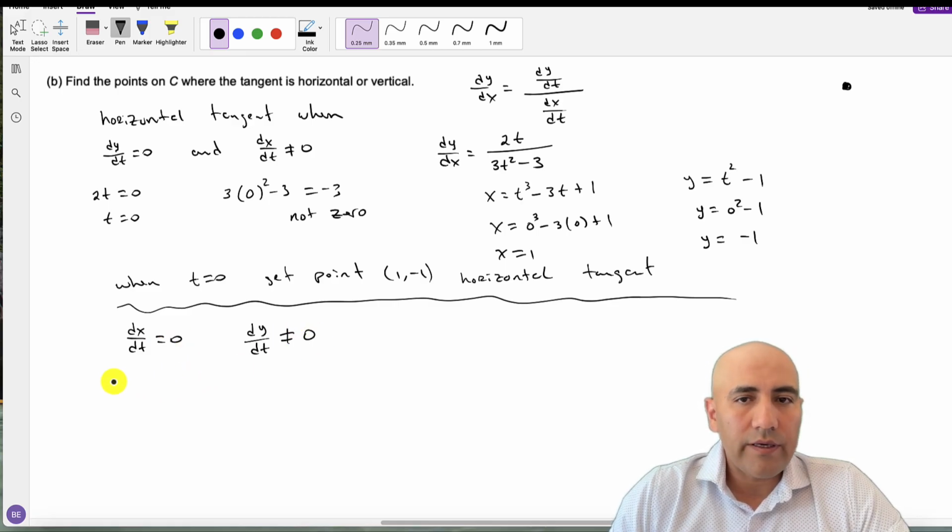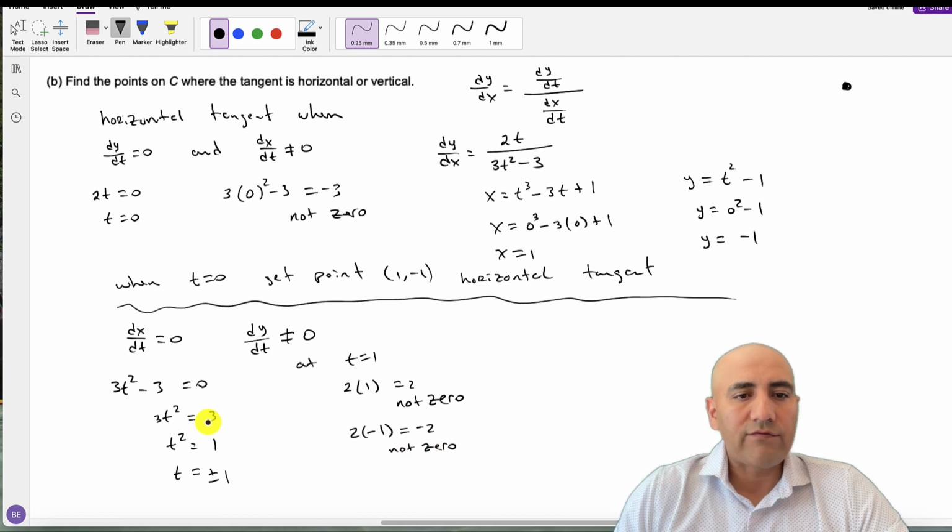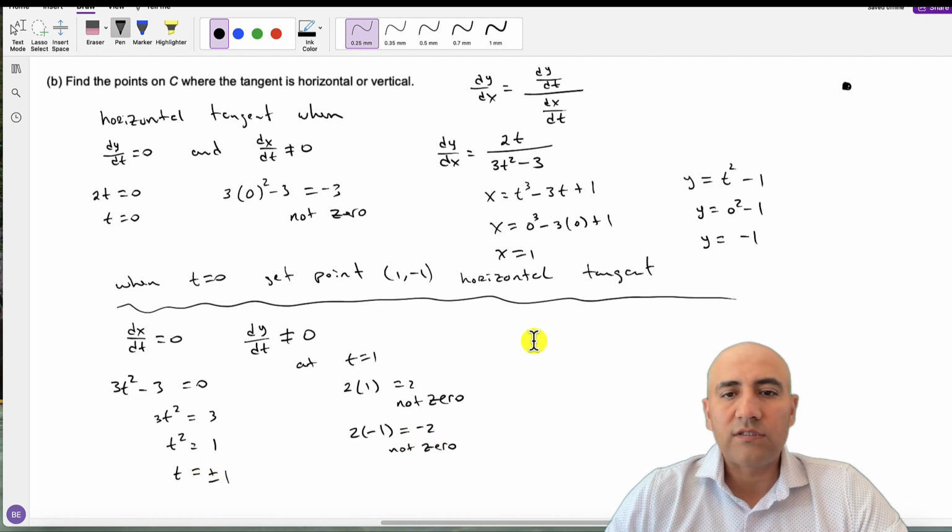So the denominator being 3t squared minus 3, set that equal to 0, solve for t, we get 3t squared equals 3, t squared equals 1, so therefore t equals plus or minus 1. And now at t equals 1, the numerator is 2t, so 2 times 1 equals 2, not 0. And then 2 times minus 1 is also obviously equal to minus 2, not 0. So we have two vertical tangents at t equals 1 and t equals negative 1.